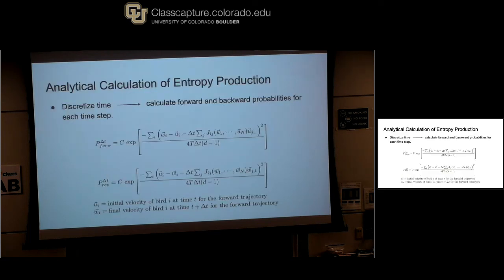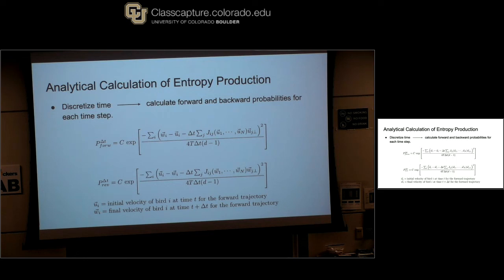So having somewhat established the existence of entropy production in this model, we decided to try some analytical calculations to give us more insight into where the entropy was coming from. And so what we did was we tried calculating the forward and backward probabilities for a short time, or one time step.